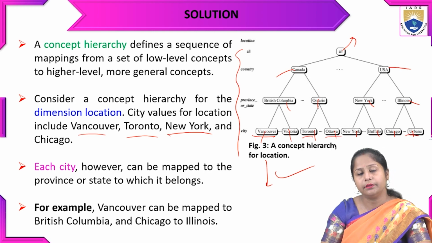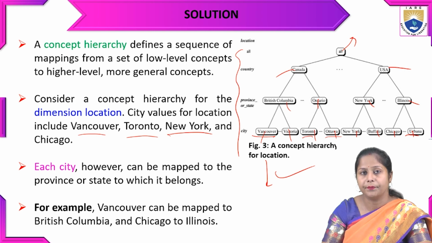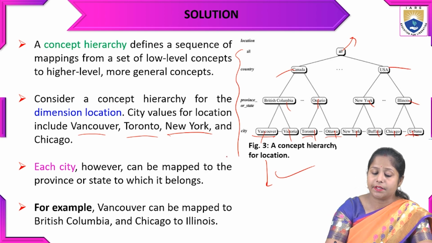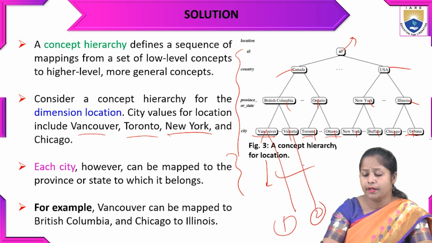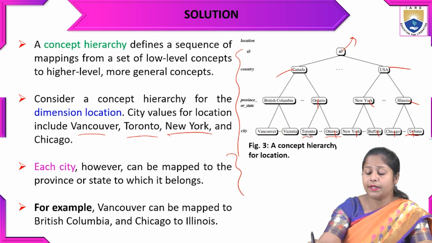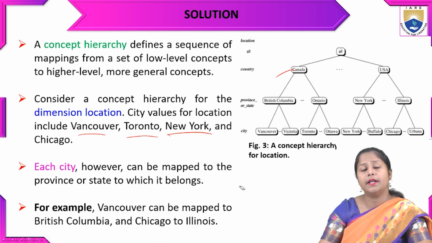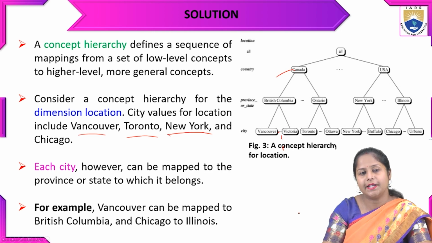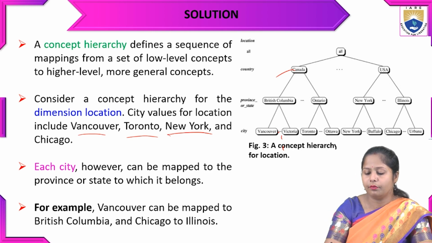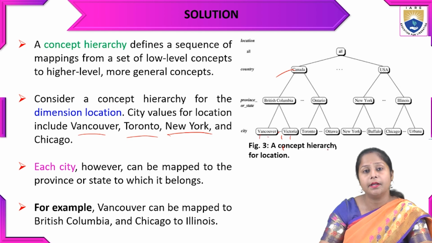So for each city, this is the first city, this is the second, and like this, many cities are there in between for this concept hierarchy, because we cannot represent all of the city names in this slide. But I have shown you the main cities.